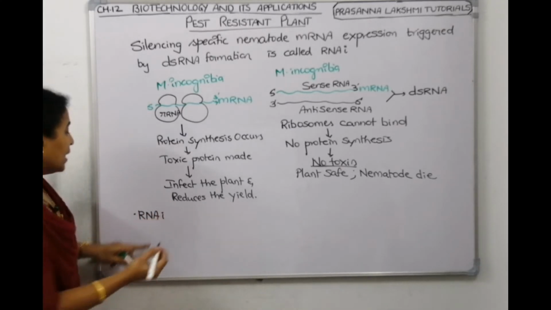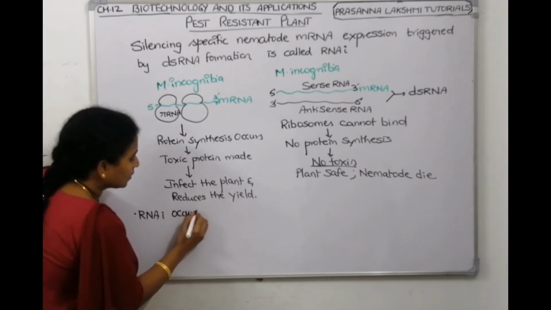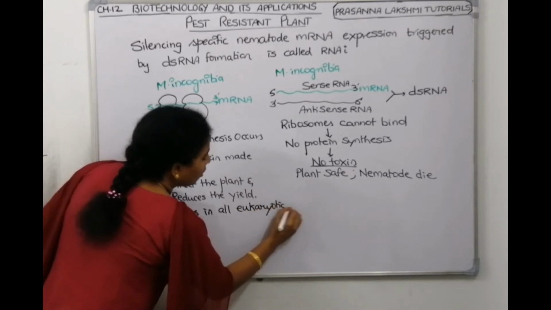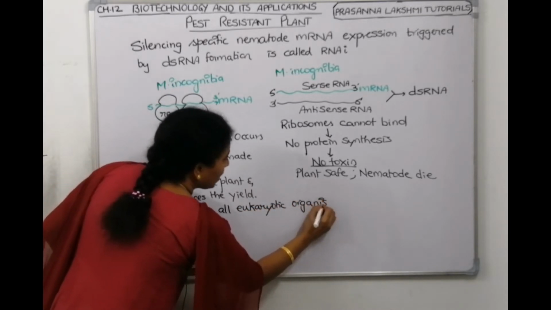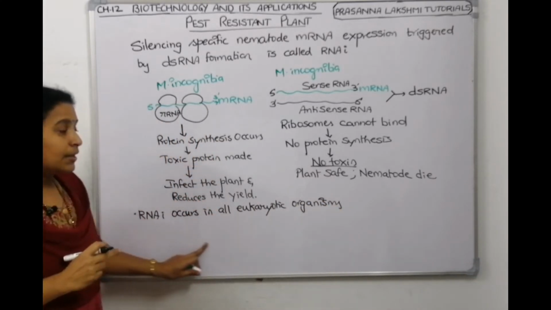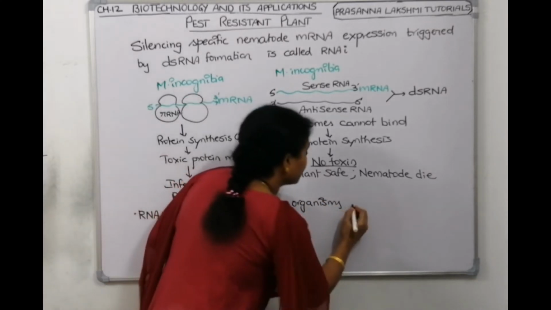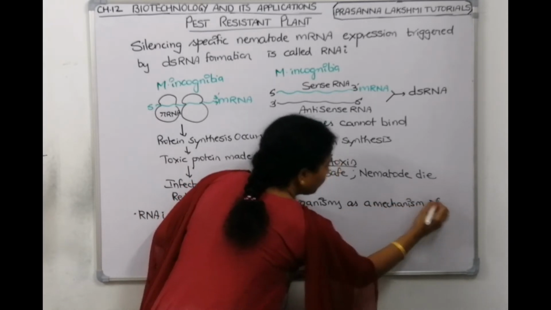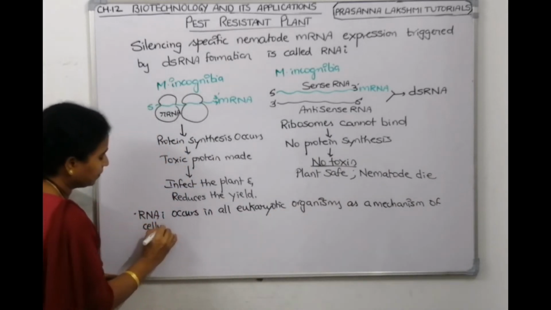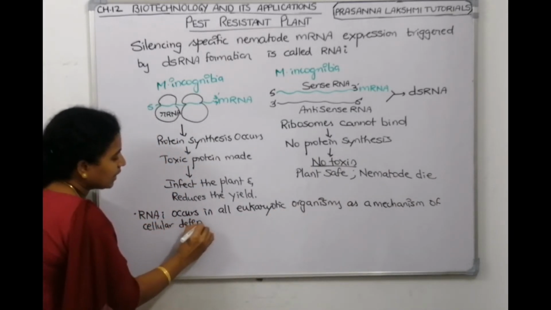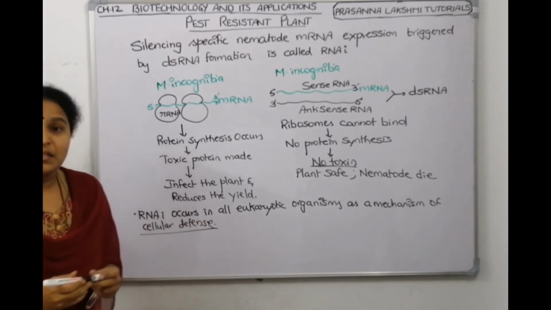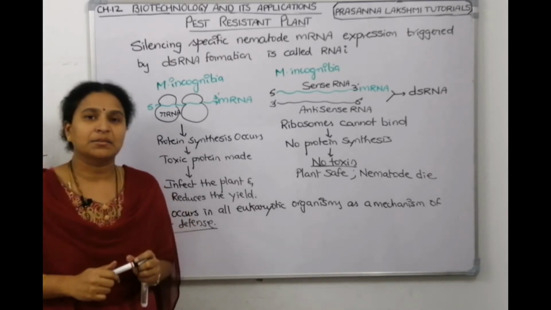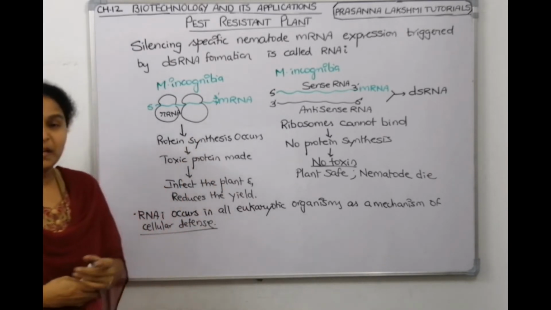NCERT says RNA interference occurs in all eukaryotic organisms as a mechanism of cellular defense. To protect the cell, our body does RNA interference. All eukaryotes have this mechanism. Understood? Take a screenshot. We'll continue.